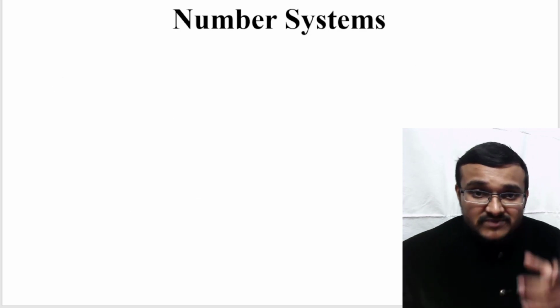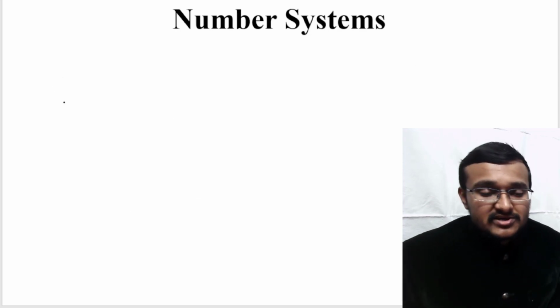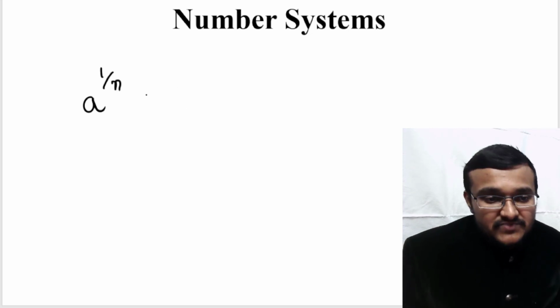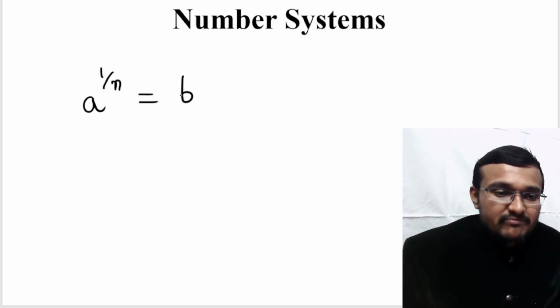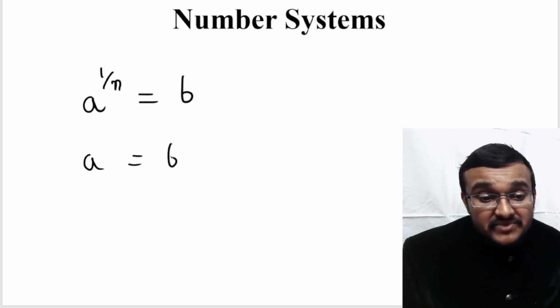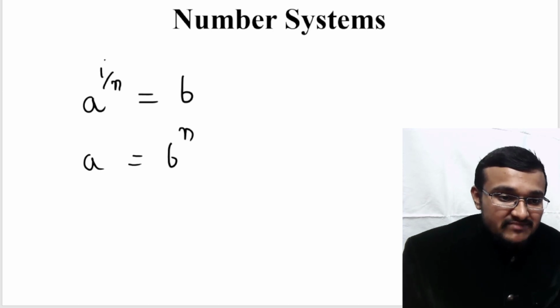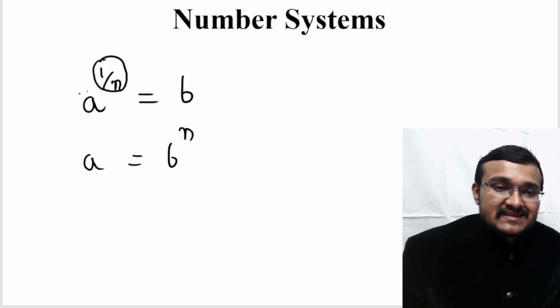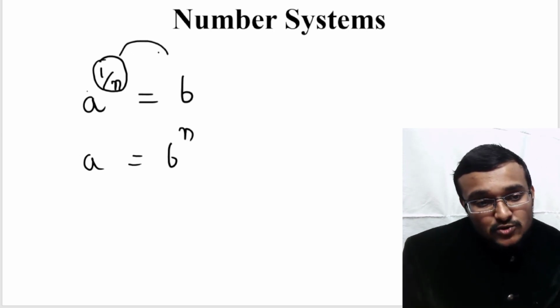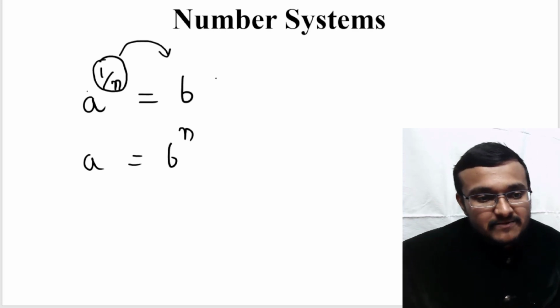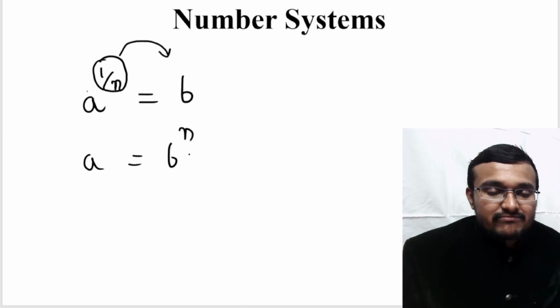I forgot to explain one more exponent law here. Whenever you are taking a power 1 by n, if the value of a power 1 by n is equal to b, that means b power n is equal to a. So whenever you are bringing the power on the LHS to the RHS, you have to take the reciprocal of this particular power, that means n by 1.